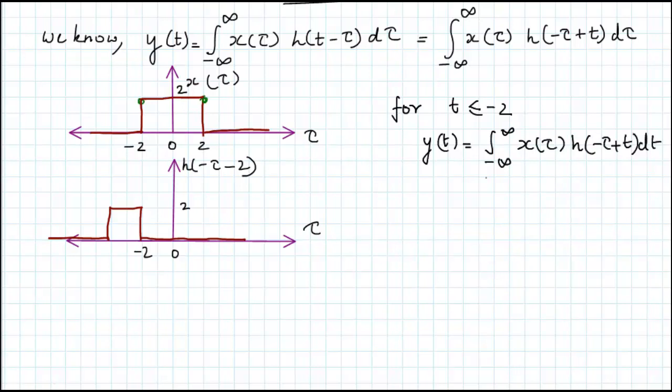This is going to be equal to the integral from minus infinity to infinity of 0. Why? Because the multiplication is always going to be 0. That fact I have to take into consideration. So y of t is going to be equal to 0 for t less than or equal to minus 2.